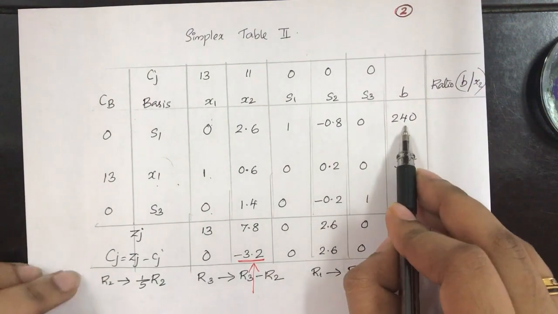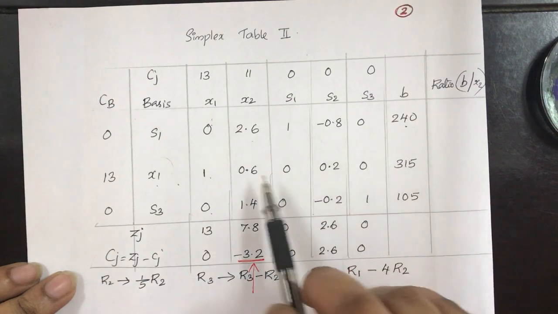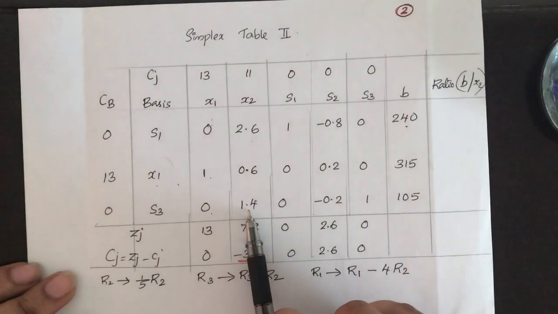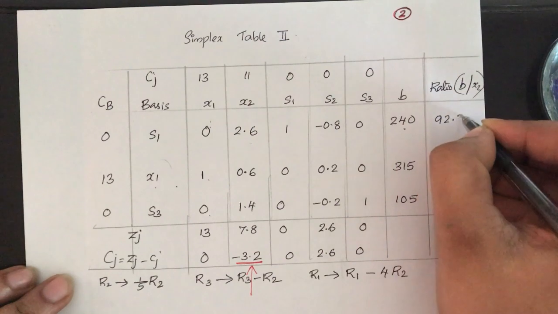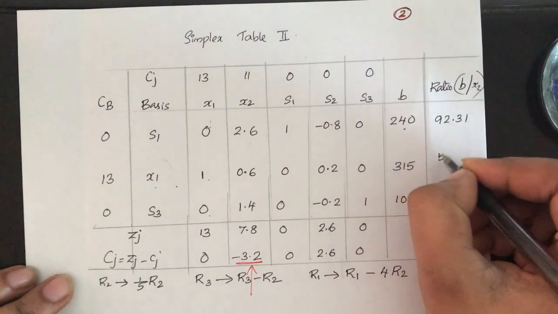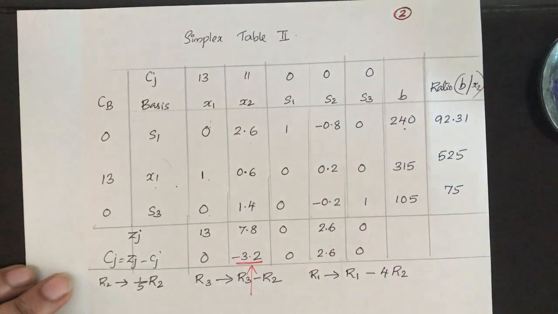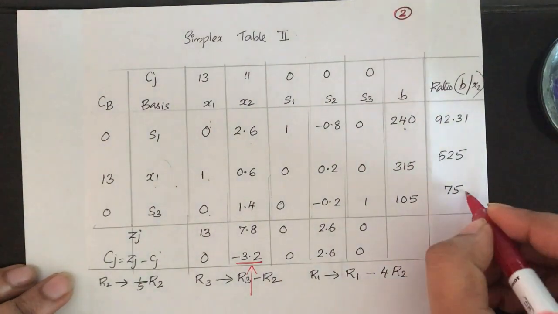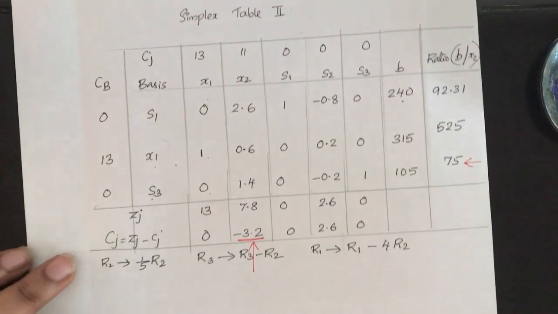So 240 divided by 2.6, 315 divided by 0.6, 105 divided by 1.4. So the ratios will be 92.31, 525 and 75. We need to choose the lowest positive value, that is this 75. So the outgoing variable is S3.